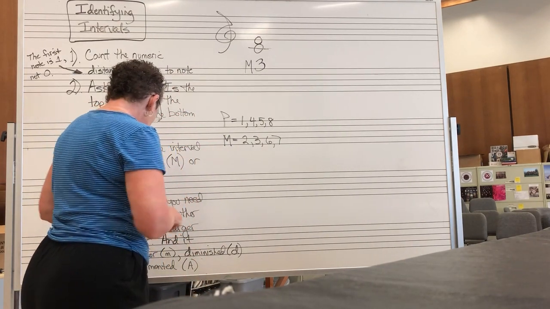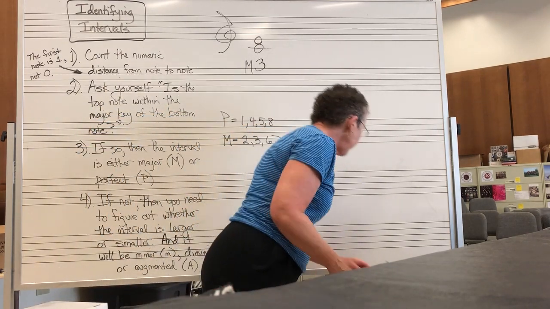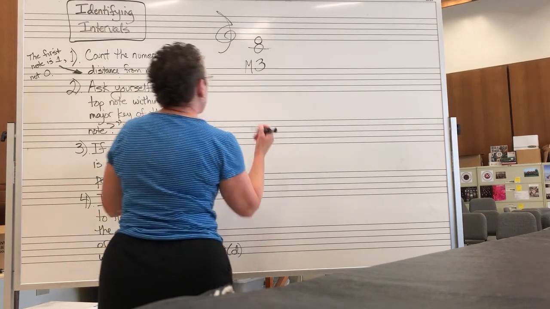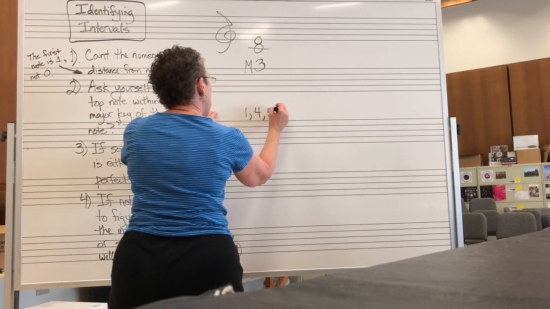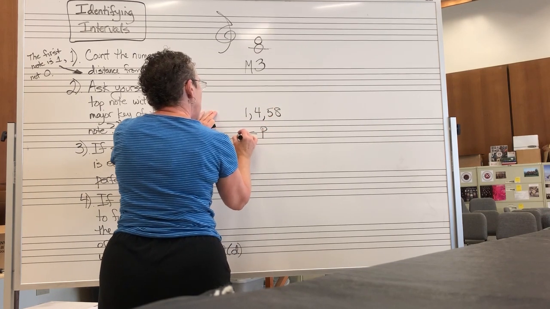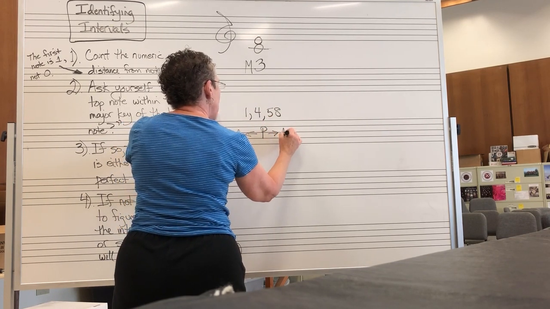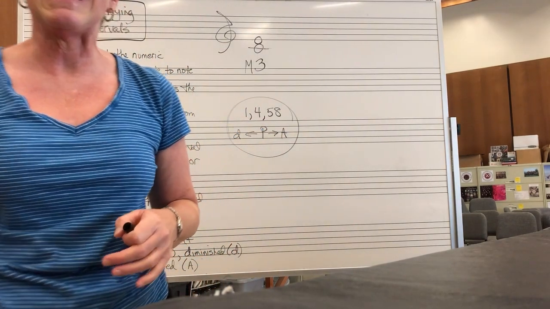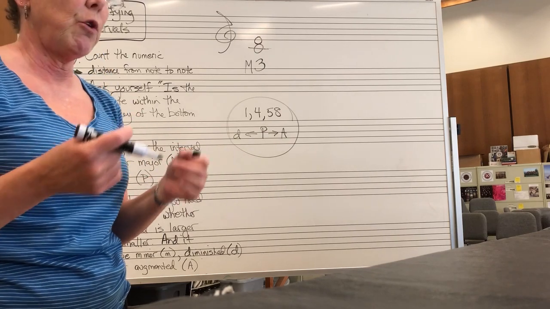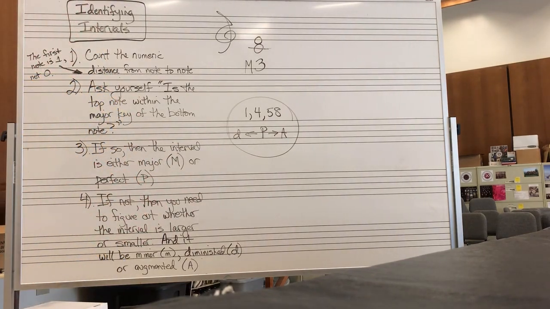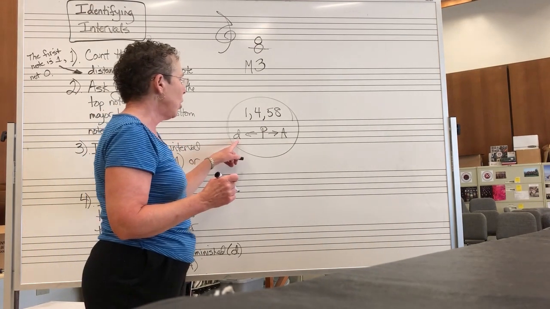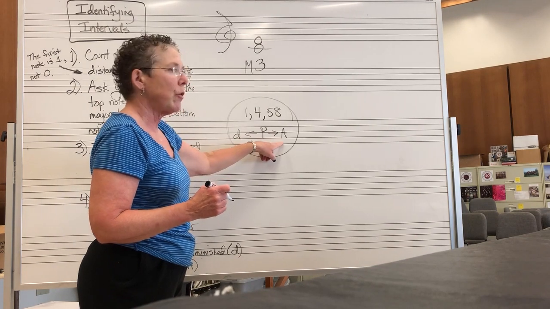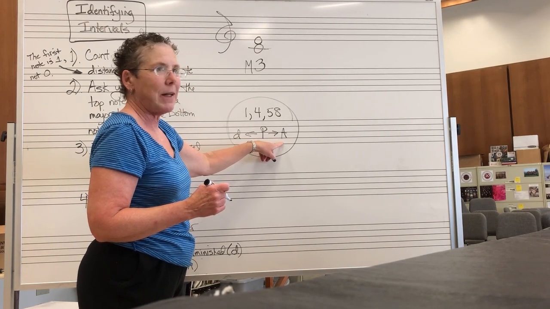Now, that isn't the only thing that intervals can be. Perfect intervals, 1s, 4s, 5s, and 8s, can be perfect if they're within the major scale, or if they're a half step smaller, they can be diminished, or if they're a half step larger than perfect, they can be augmented.